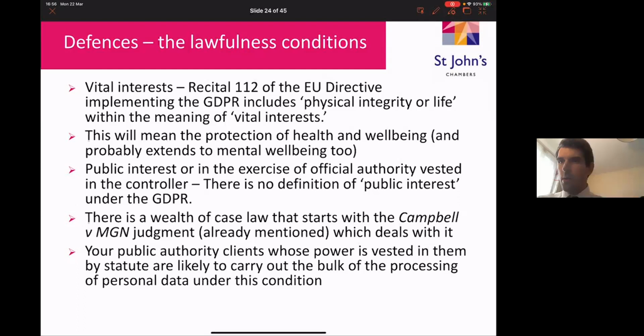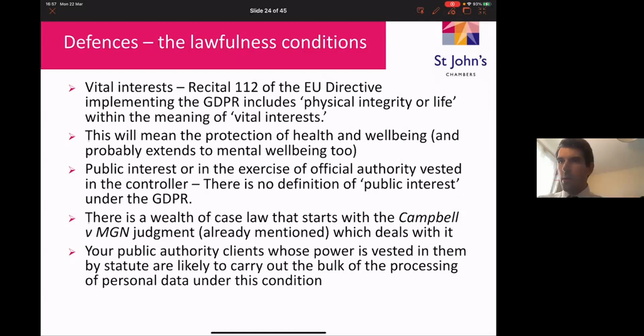In any case, there is plenty of case law on what public interest means at common law, and it seems to me that the court would think that that's a good and persuasive starting point for what public interest means.